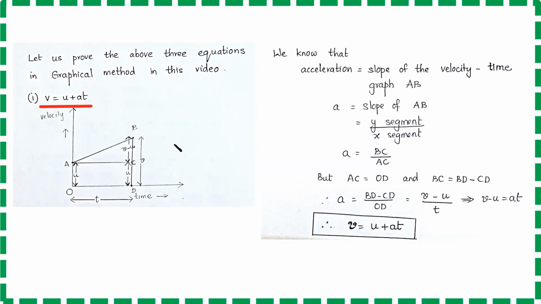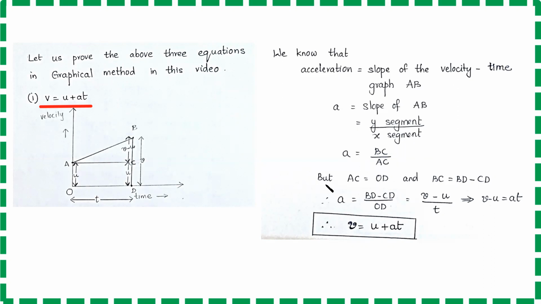We know that acceleration is equal to the slope of the velocity-time graph AB, that is, a is equal to the slope of AB. Slope, as all of you know, is the y-segment by the x-segment. The y-segment is BC here and the x-segment is AC. Therefore, slope is equal to BC by AC.